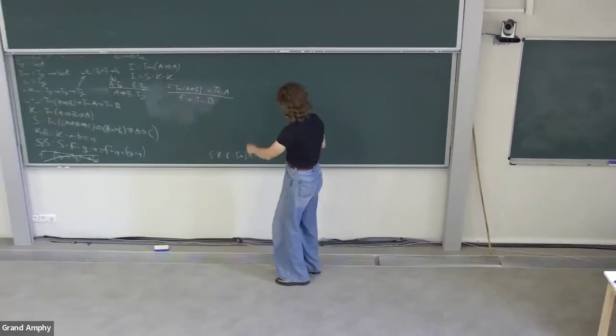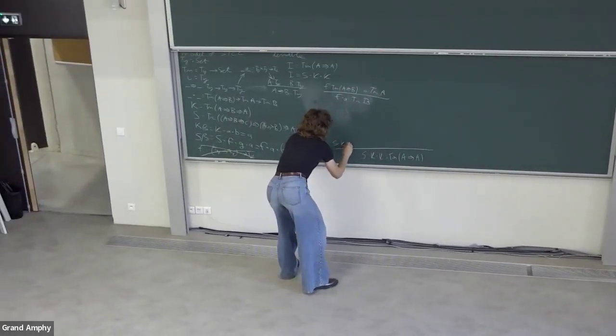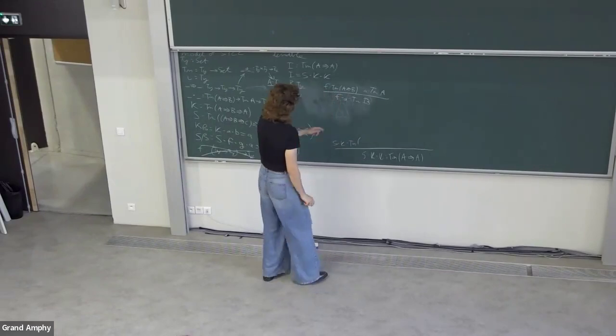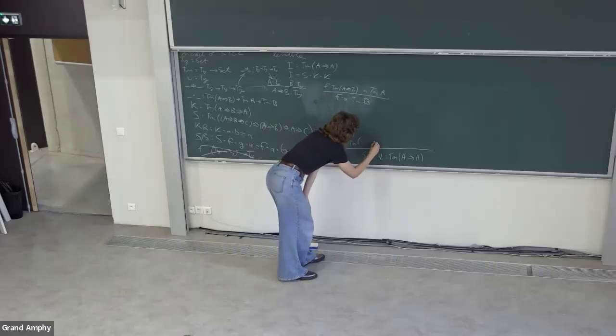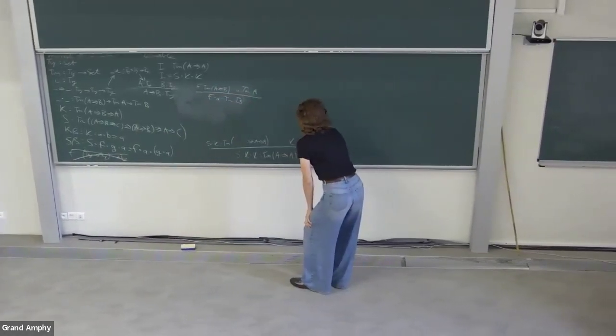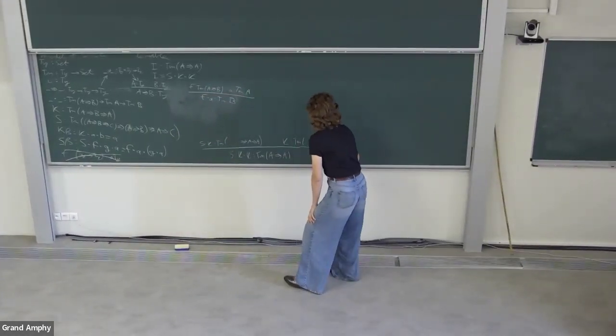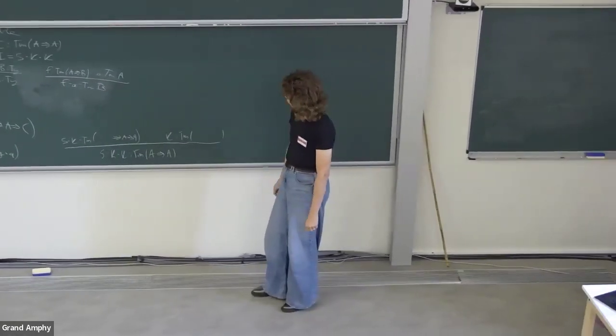Then I use this modus ponens rule, and then I need to know that S composed with K, S composed with K, is a term of some type arrow A, and K has that type. K has the type that I write here.